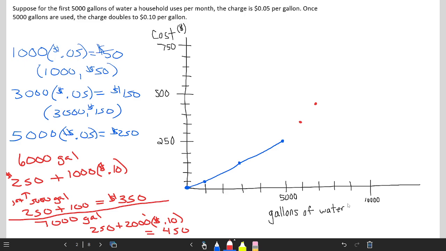I don't have room to show this here, but if you use 10,000 gallons, you'd be charged $750. So we'd have a point up here as well. And so then we can just connect these points that we've drawn in red. And I just put an arrow on the end because theoretically you could keep using more and more water.